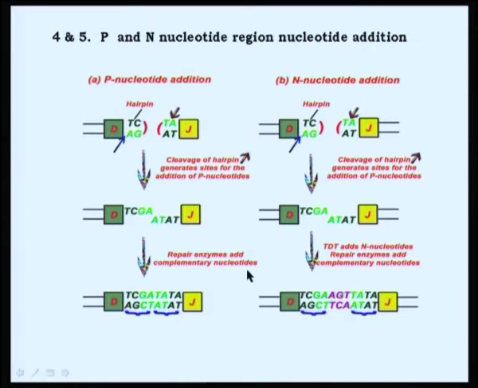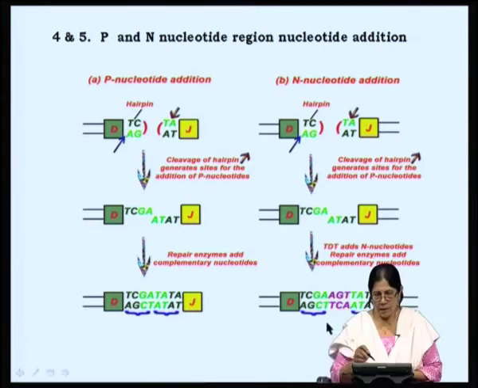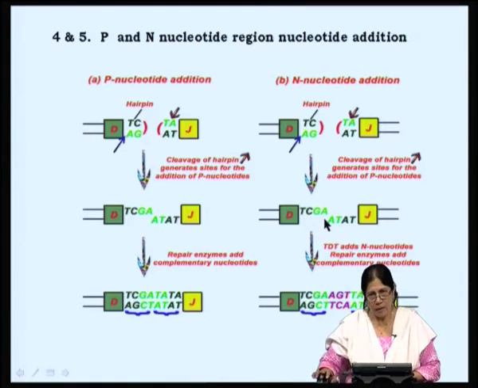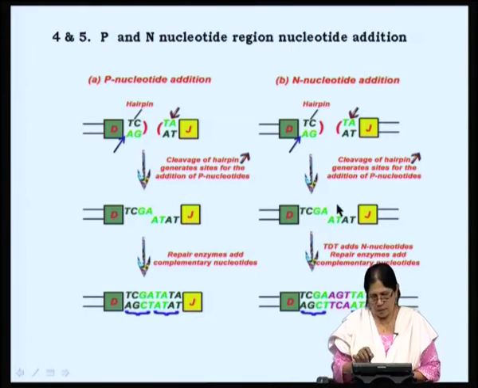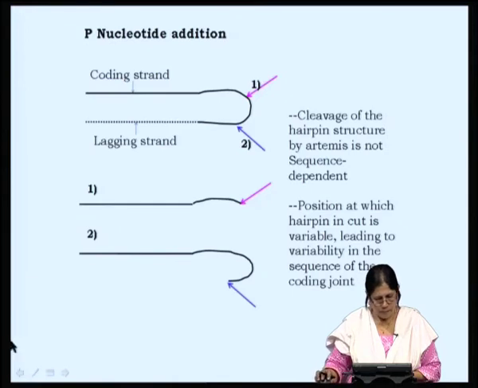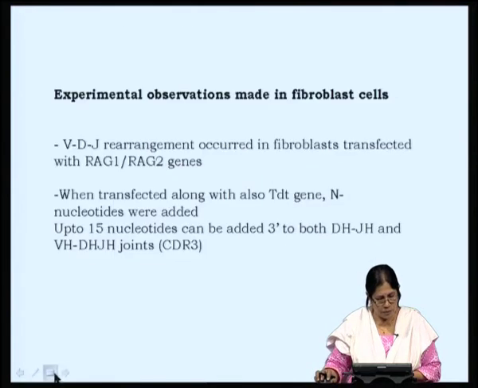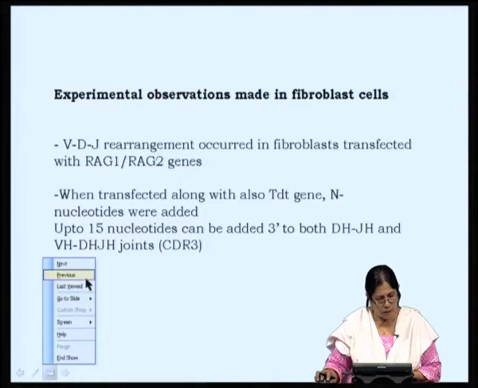So, at least with respect to P nucleotides, the information was available not necessarily in that particular strand, but in the opposite strand. However, in the case of N nucleotide addition, these are nucleotides catalyzed by the TdT which are not present at all. Are there any preferences with respect to the addition of nucleotides?